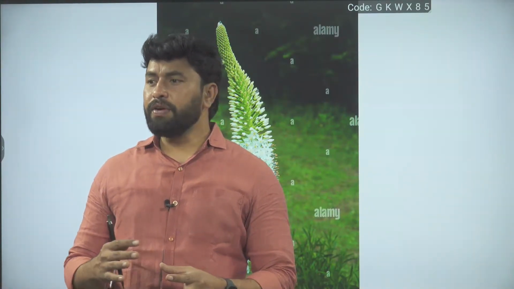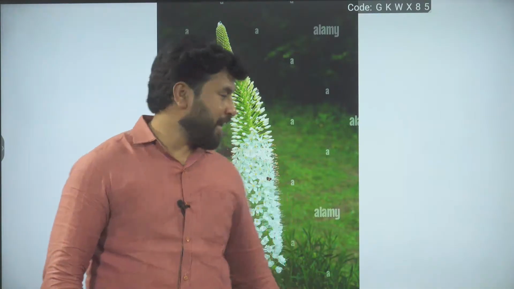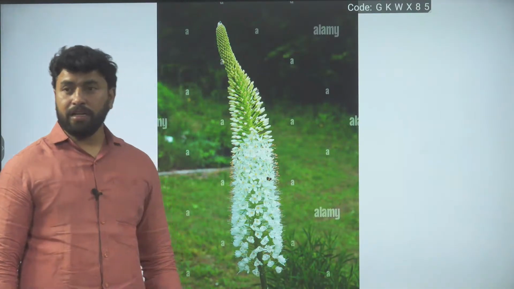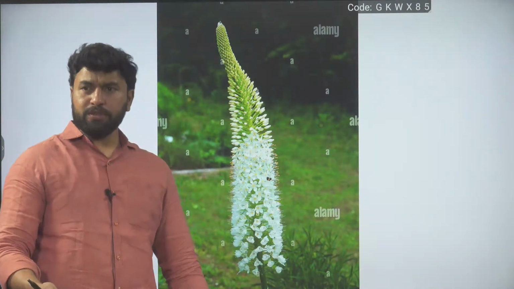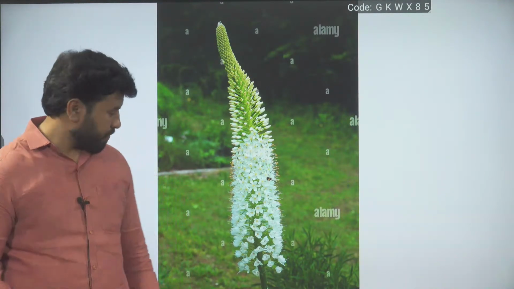If an inflorescence axis has branches, that inflorescence is called compound inflorescence. If the inflorescence axis has some kind of branches and makes it complex, that is called compound inflorescence. This has no branches, that's why it is called simple racemose inflorescence. Simple racemose is also called raceme.